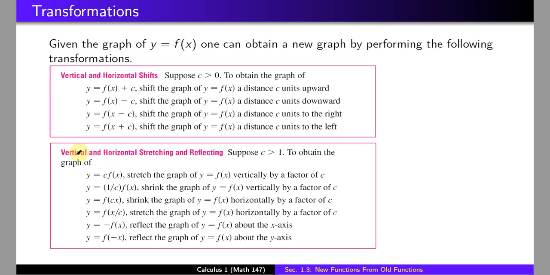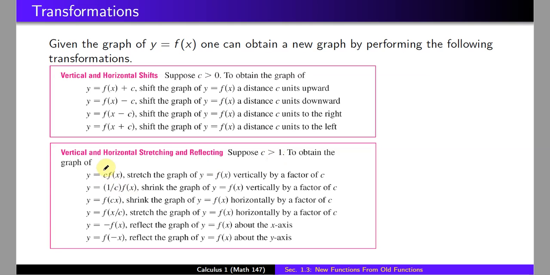Okay, next we'll talk about vertical and horizontal stretching and reflecting. So again, suppose that we have a positive constant, but more specifically here, suppose that our constant is bigger than 1. Okay, so what about this stretching and reflecting?